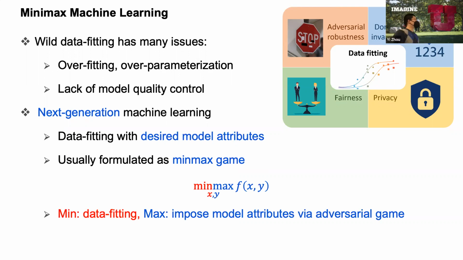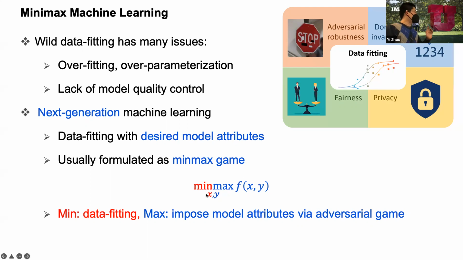Very interestingly, many of these model attributes can be imposed on the model by following the minimax game framework. By solving a minimax optimization problem, we can impose the model attributes on the model. In the following slides, I'm going to talk about some examples, but here is a very high-level abstract illustration.